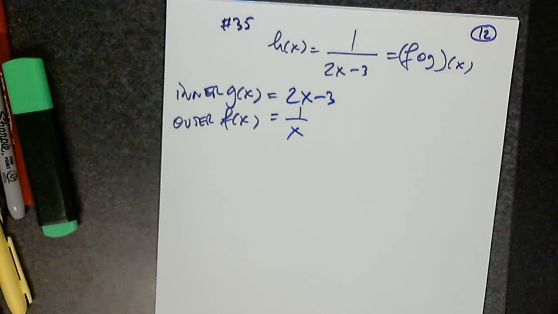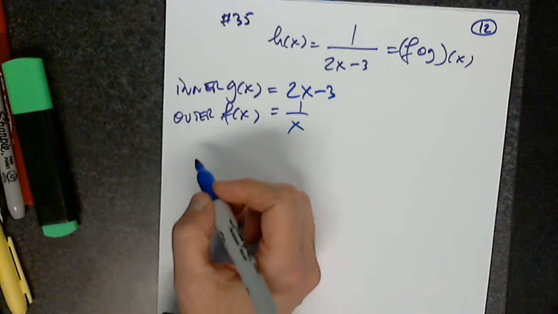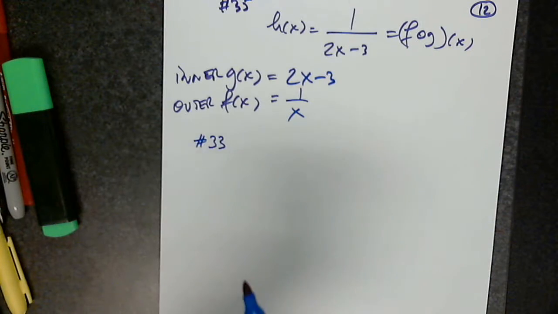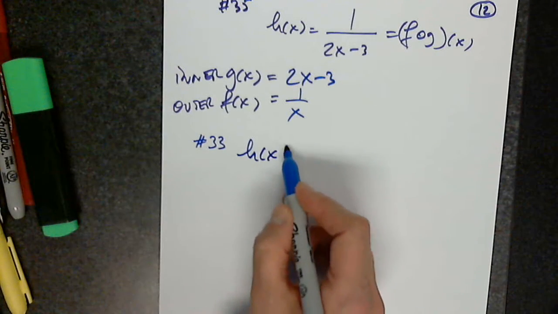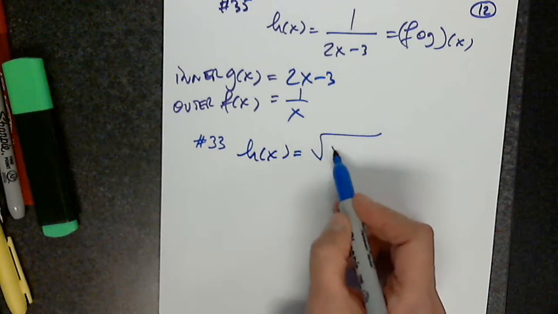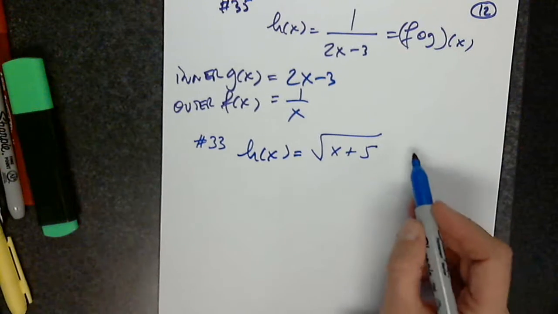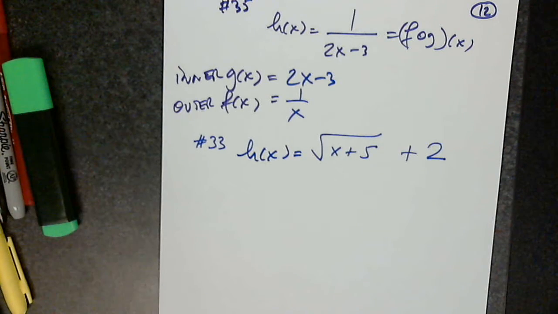Do we need another example? Okay, very good. 33. H of x equals the square root of x plus 5 plus 2. Again, we can have more than one correct answer.